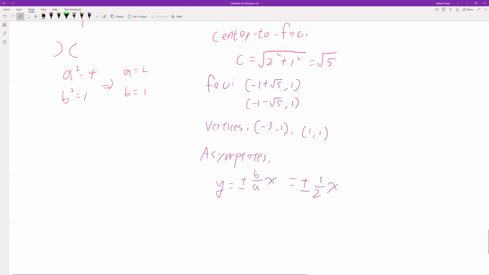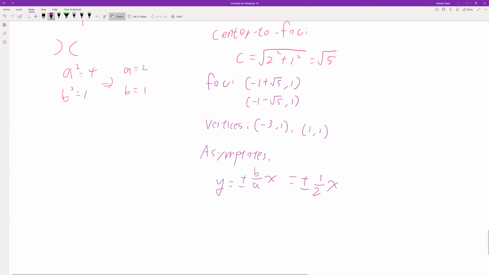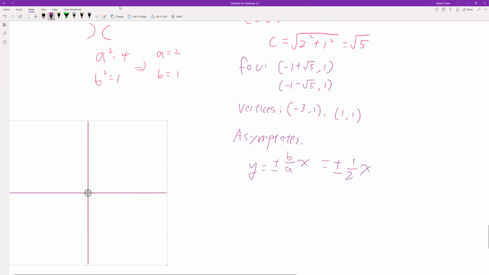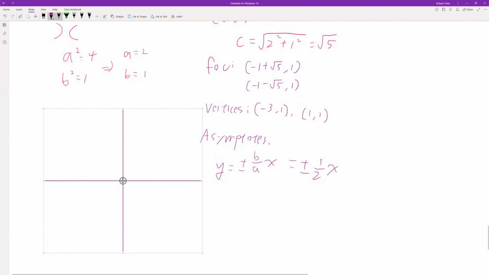So that's basically what we have, but even though the question doesn't ask us to graph it, I'm gonna attempt to graph this thing. Okay, so starting with the center. Center is at -1, 1.